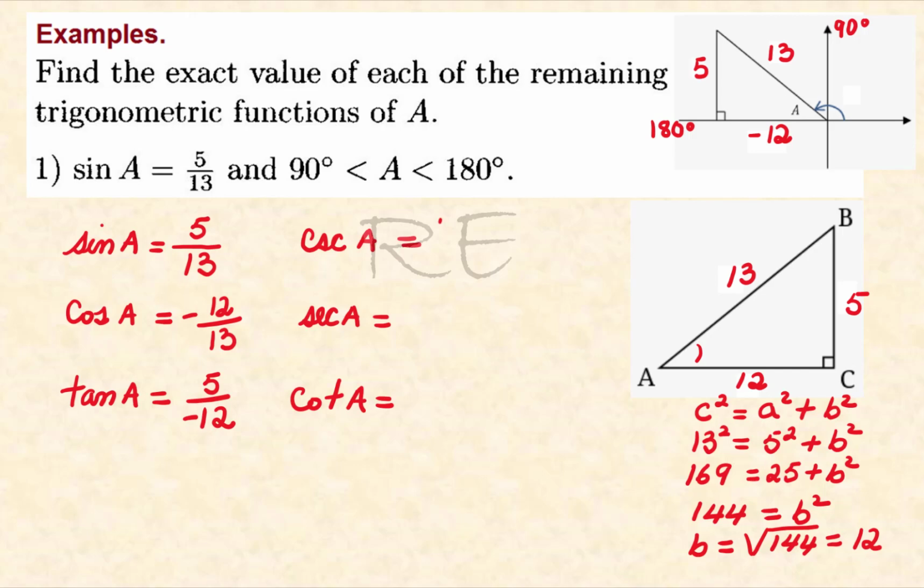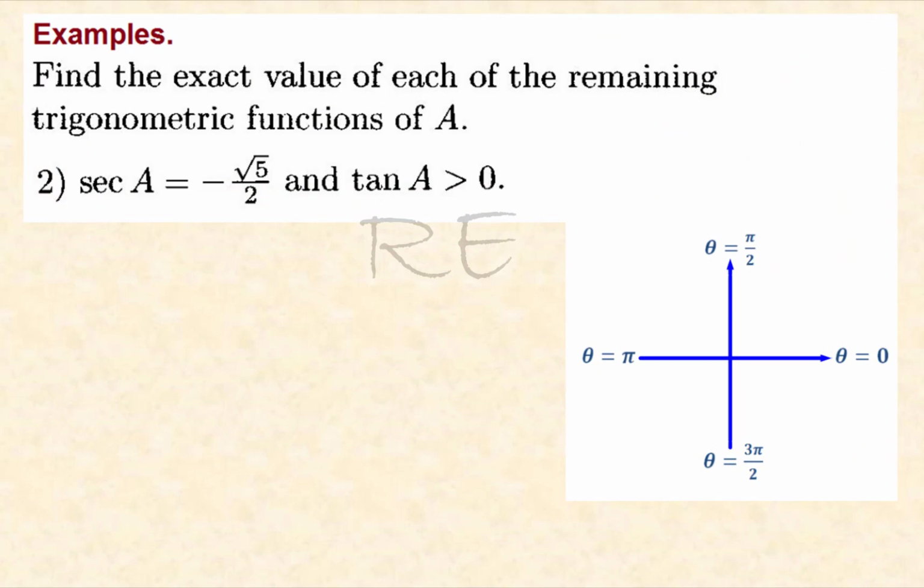It's negative 5 over 12. Cosecant A is 13 over 5. Secant A is negative 13 over 12, the reciprocal of cosine. Cotangent A is negative 12 over 5, the reciprocal of tangent A.